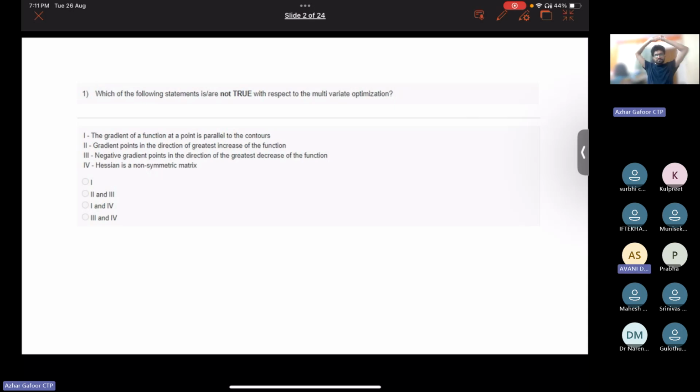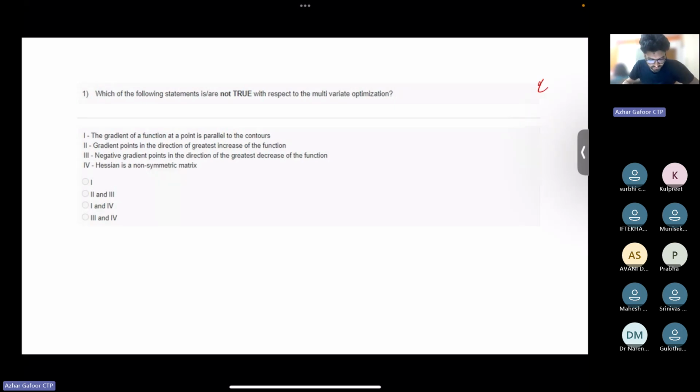The first question: option C means this one is not true, right? So option C means this one. So that's the correct answer.